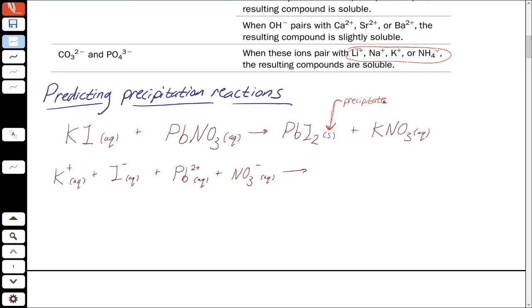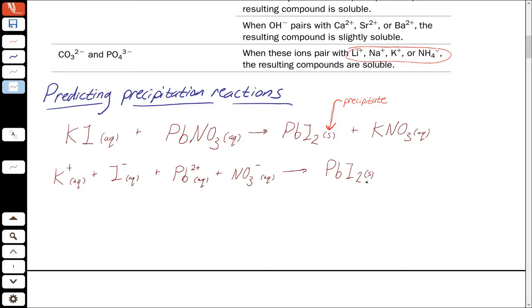If we think again then in this next line about what's really happening in solution, if we put all those ions together, what we're saying then is that the lead and the iodide are going to find each other and make a precipitate, because the energy of that precipitate formation ends up being lower than the energy of solvation.